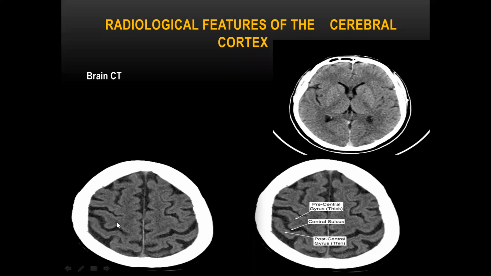Anterior to it is the precentral gyrus, and posterior to it is the parietal part, which is called the postcentral gyrus. The frontal lobe occupies most of the anterior aspect in this axial section, so don't be confused: this is not parietal, it is part of the frontal lobe.